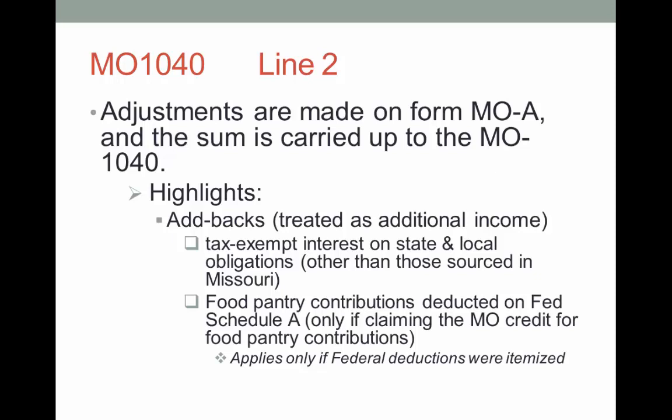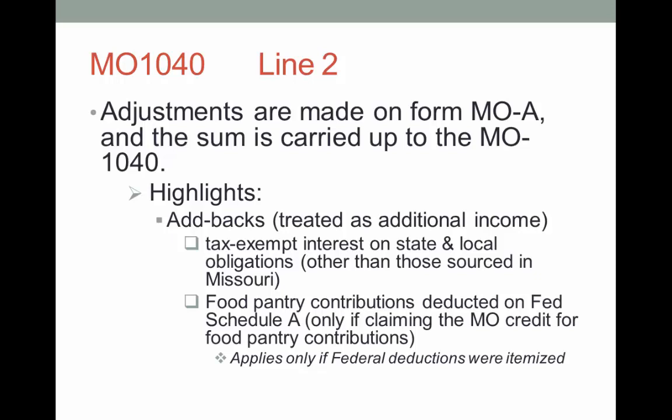Another item you might see, and the most you would see it would probably be on one return during the semester, is if you have a person who has itemized deductions on the federal return, and one of those itemized deductions was a charitable contribution to a Missouri food pantry. Then that deduction has to be added back to the Missouri tax return. And the reason it gets added back is because later on the Missouri tax return, the people will get a credit for that and it will offset their tax.